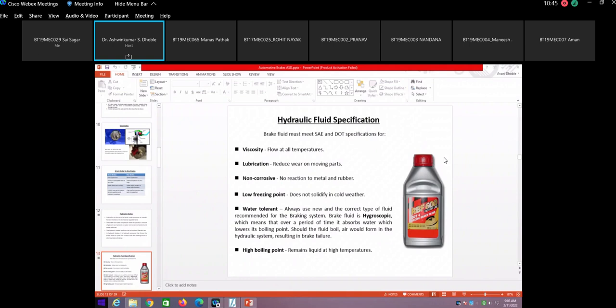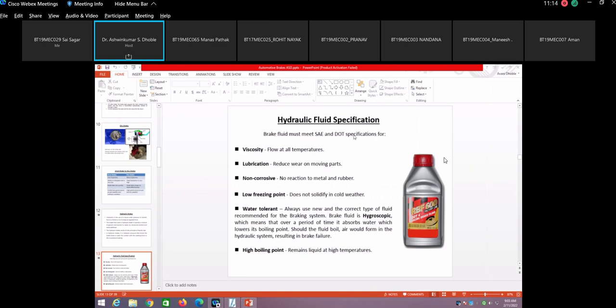That is the first thing, and second, there should not be any evaporative emissions, because the emissions coming out from the vehicle are of two types. One is the tailpipe emission and the other one is the evaporative kind of emissions. So from that point of view, they keep an eye on the fluid which is used in the brake system or in the complete vehicle. Even for engine oil, you have this specification.